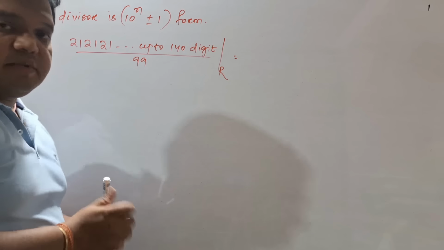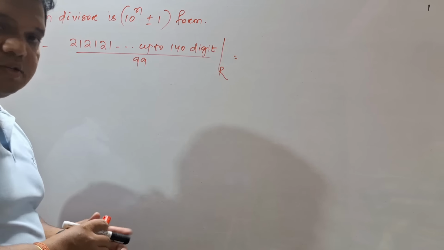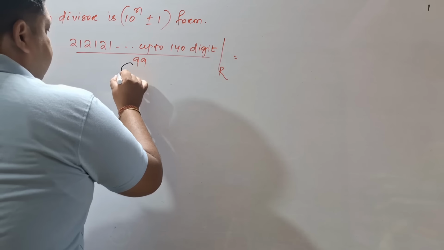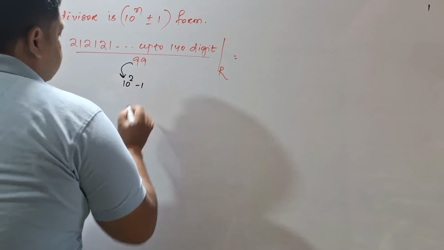Here 99 can be written as 10 square minus 1.